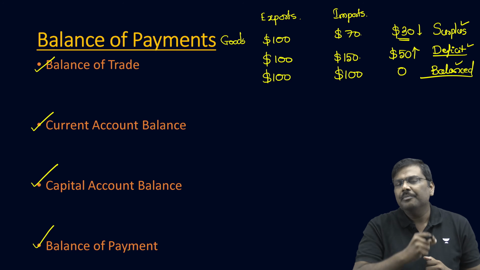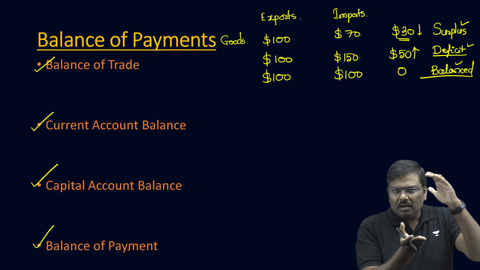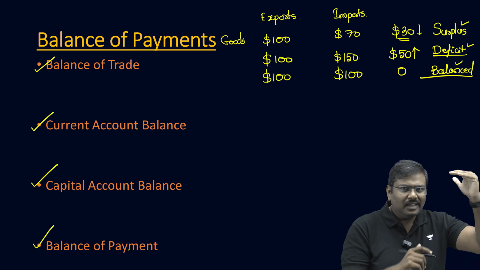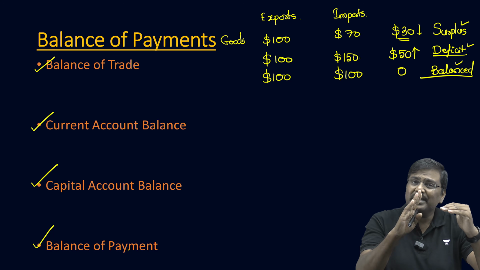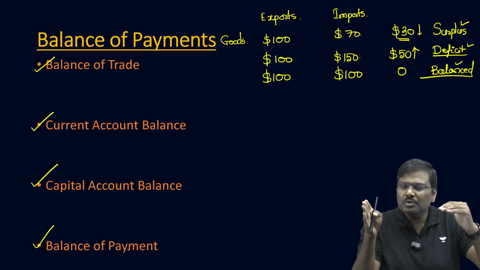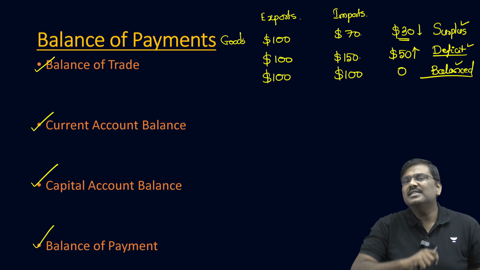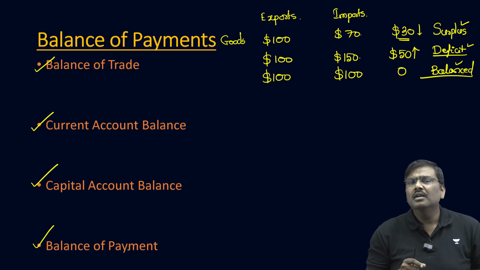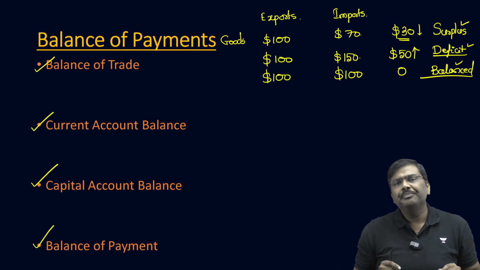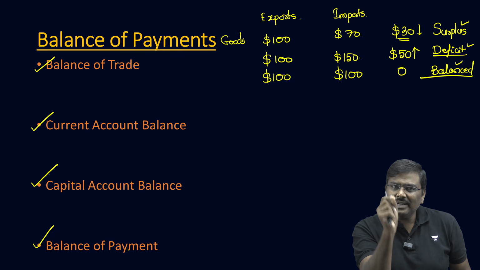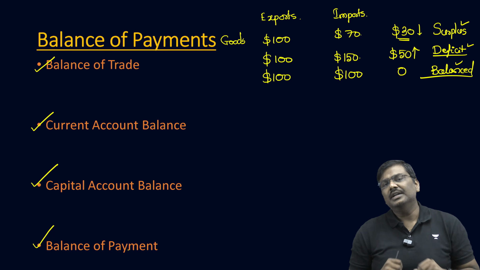My dear, point number one, if the sum total of current and capital account under the payment or the expenditure is greater compared to the sum total under the receipt side or the income side, first and foremost, this is called a BOP deficit. Balance of payment deficit, BOP deficit.